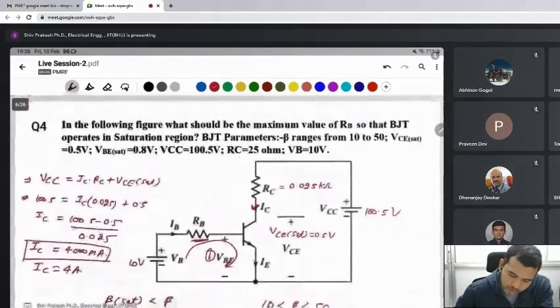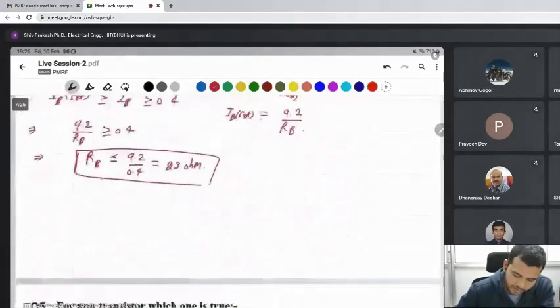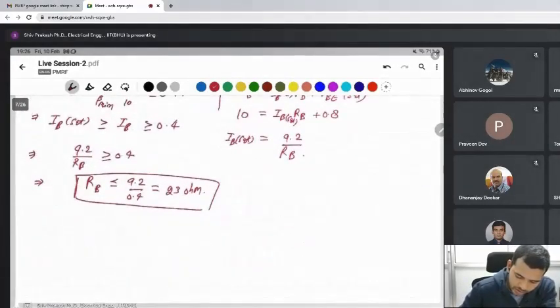He asked about the maximum value of RB. The maximum value of RB is 23 ohm.